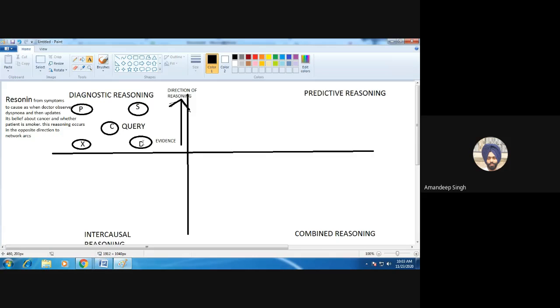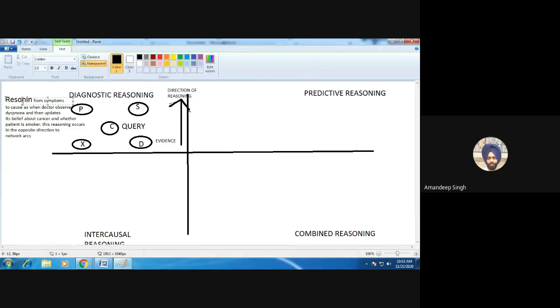Fine. And in this reasoning, it is basically from symptoms to cause. We are given evidence, that is, dyspnoea is there with the patient.